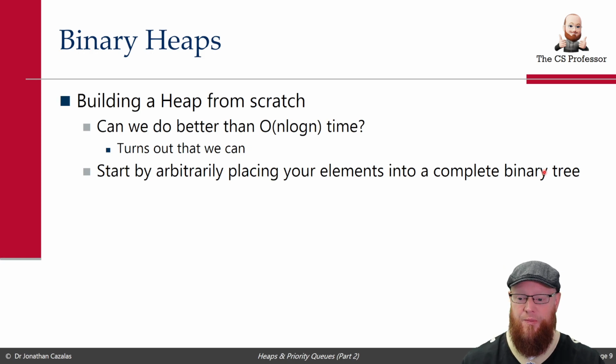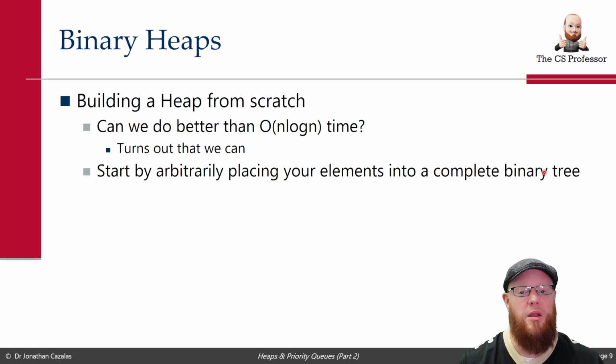What we're going to do is place all of our values into a complete tree in one go, without doing any heapification. Just trust me, we haven't talked about how we implement this complete tree.